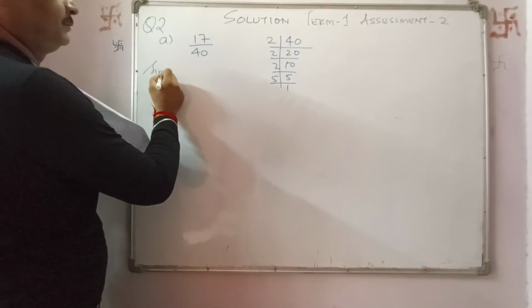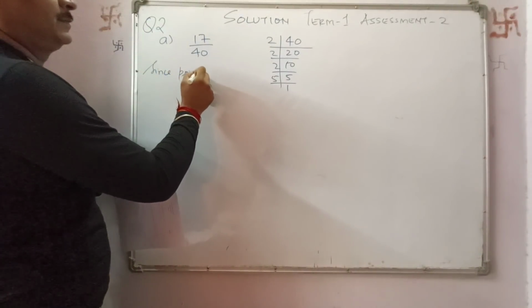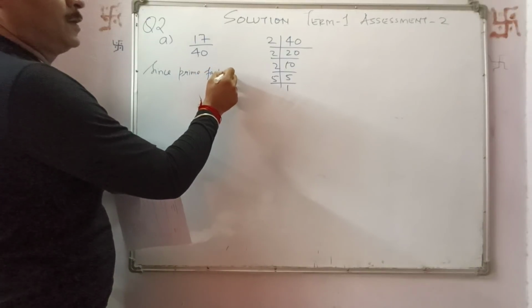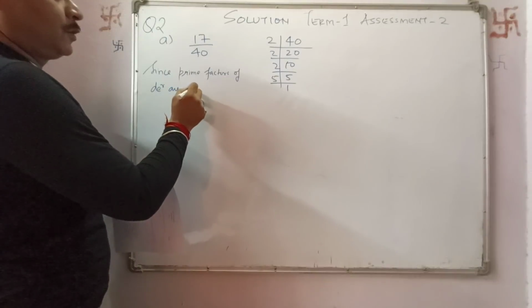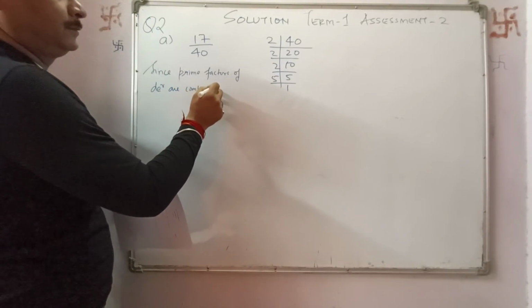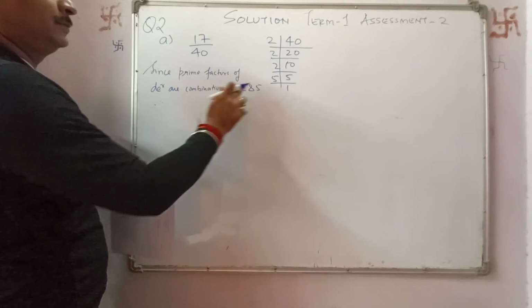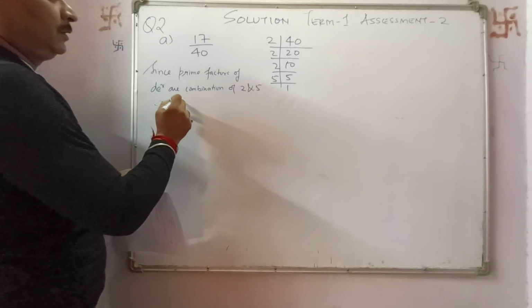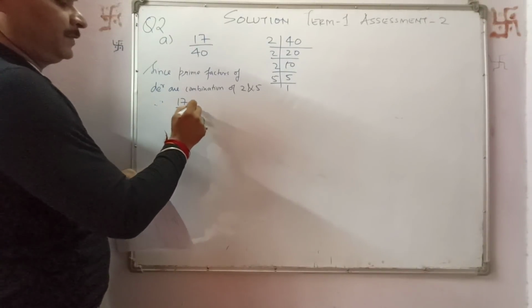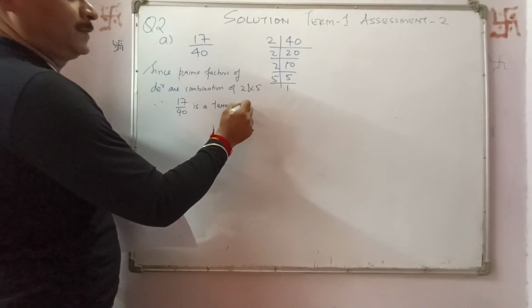Since prime factors of the denominator are a combination of 2 and 5, therefore 17 by 40 is a terminating decimal.